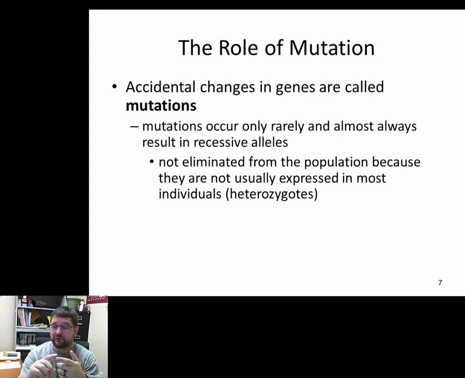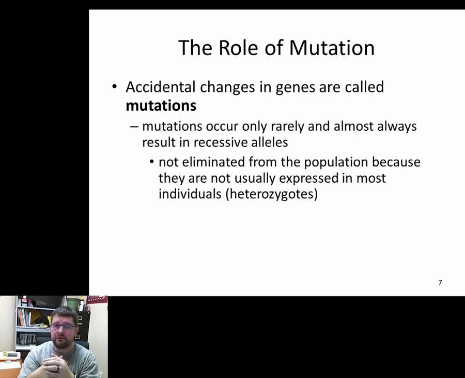For example, things like cystic fibrosis, right? The lifespan of an individual with cystic fibrosis is about 30 years without a lung transplant. Well, during medieval times, no one's getting a lung transplant. Right? And so those individuals should have died off. They should have never reproduced. So why is it we still see individuals with cystic fibrosis?